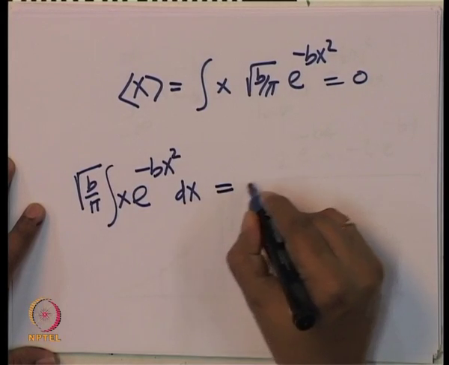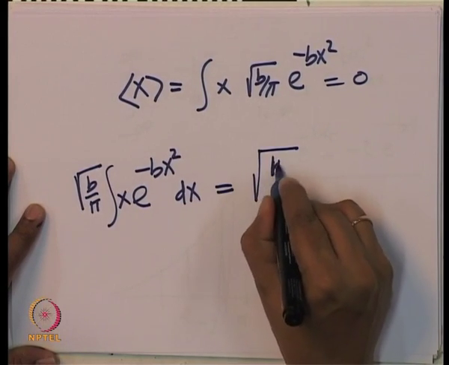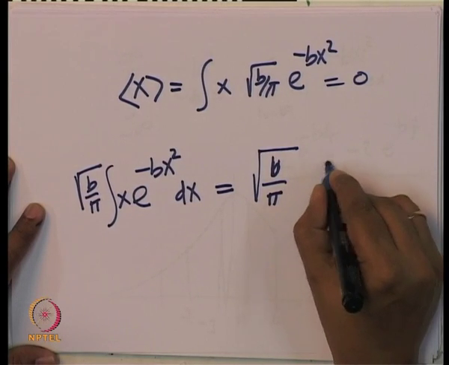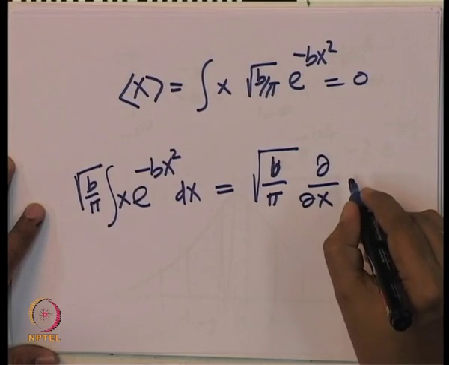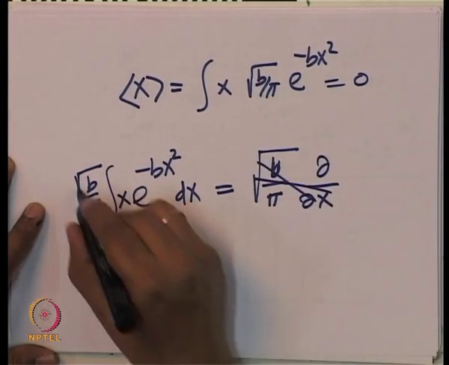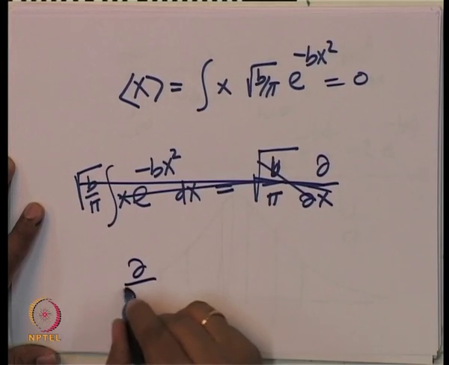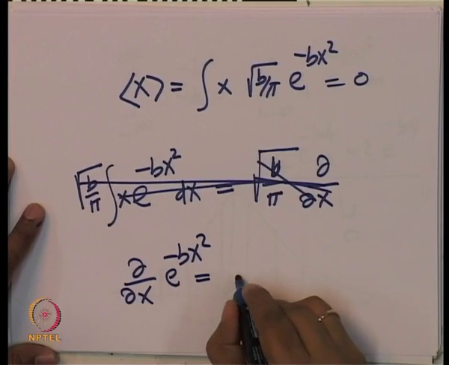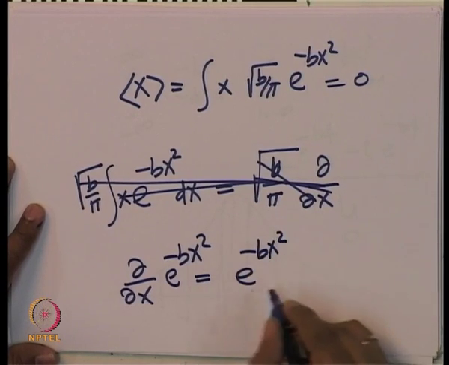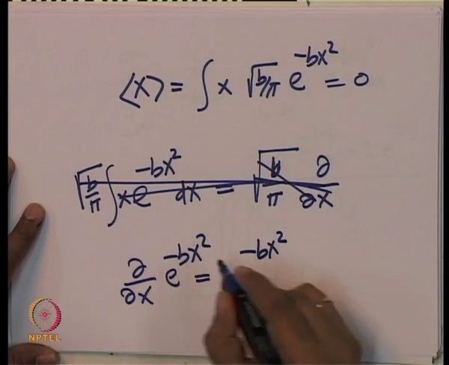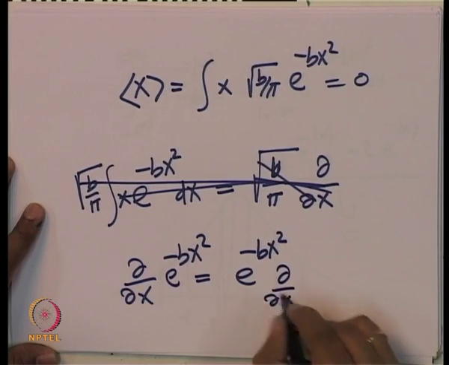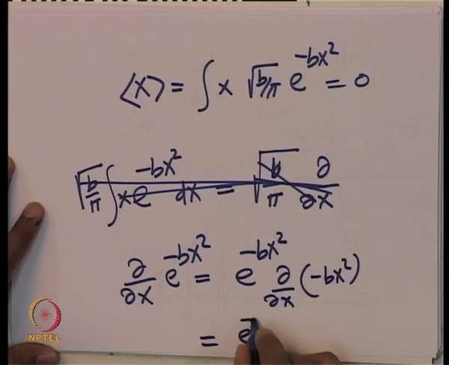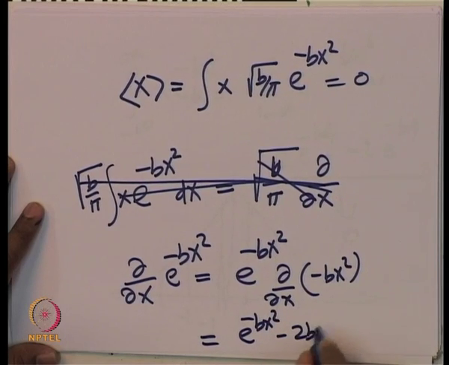I can write this as root of b by pi del by del x of something. So, let us look at this. What is del by del x of e power minus b x square? This is e power minus b x square times the derivative of minus b x square, so e power minus b x square times minus 2 b x.